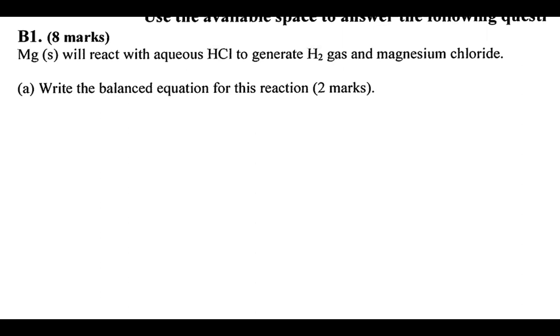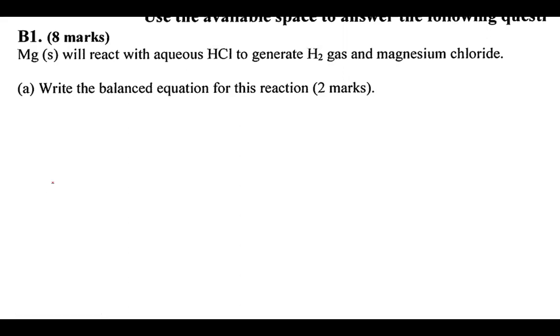The first question says, magnesium will react with aqueous hydrochloric acid to generate H2 gas and magnesium chloride. So write the balanced equation for this reaction. To do this, you want to look at what they give us in the question.